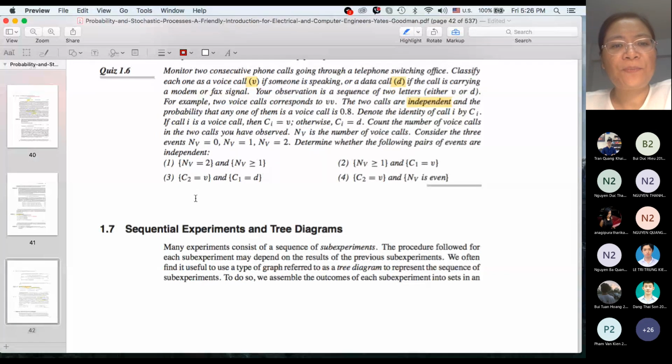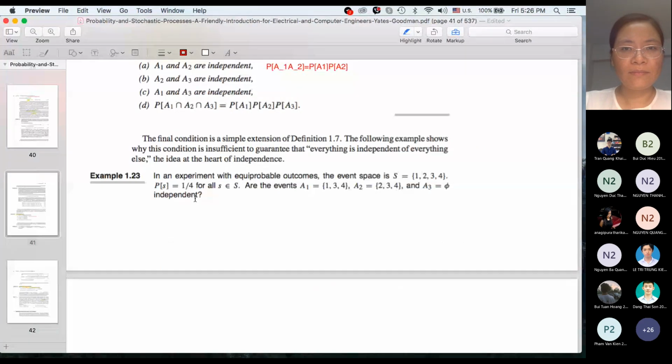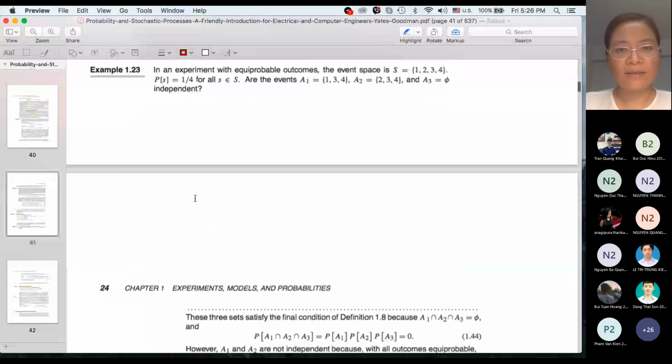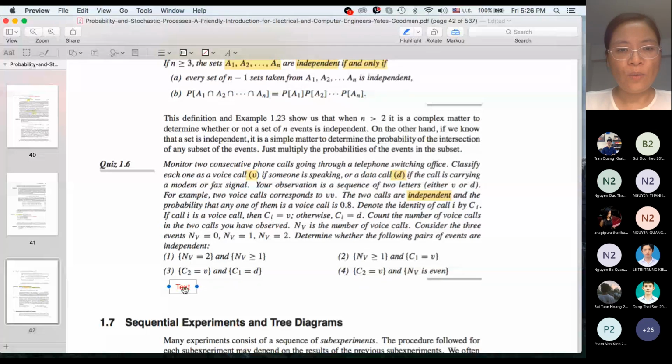You will see that you have to find the probability of the intersection of V equals 2 and V greater than or equal to 1.